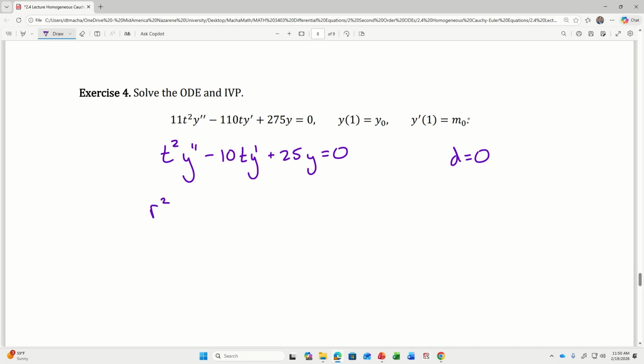The characteristic equation is r squared minus, and then it's b minus a, right? So it's negative 10 minus 1. It should be minus 11 r plus 25 equals 0. And I need this to be negative 10 so that I can have a repeated root.